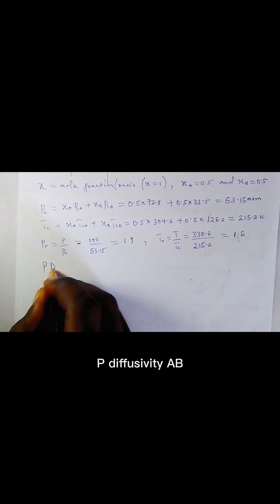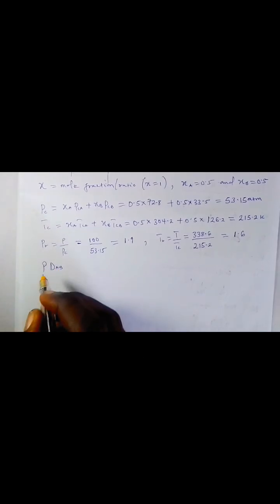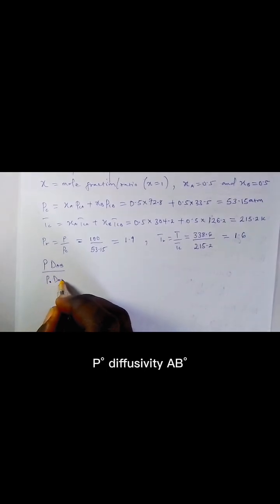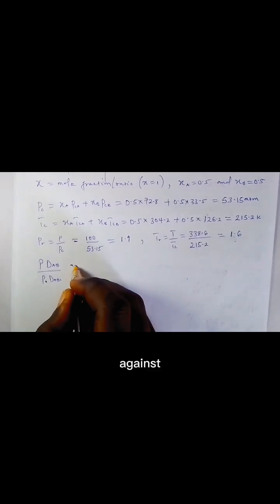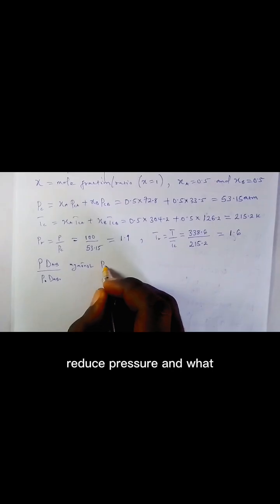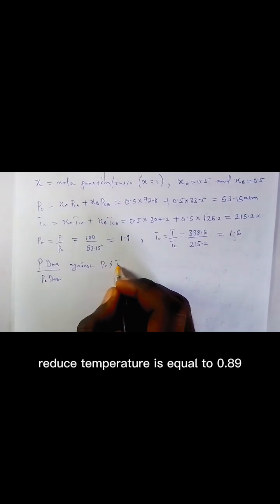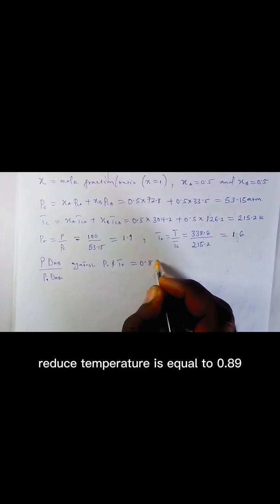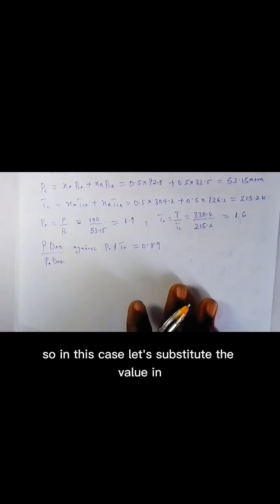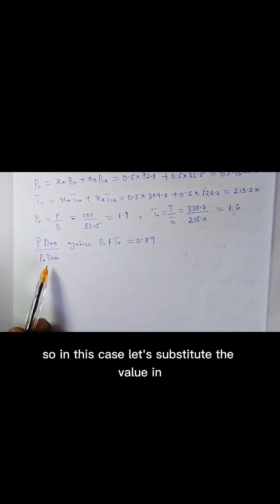So that means P·D_AB divided by P⁰·D_AB⁰, against reduced pressure and reduced temperature, is equal to 0.89. Let's substitute the values in.